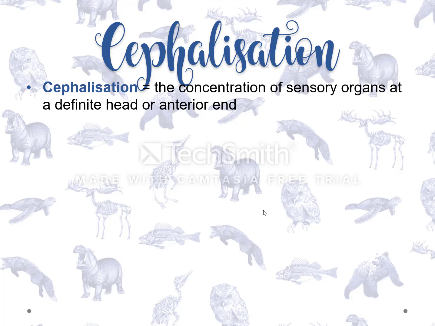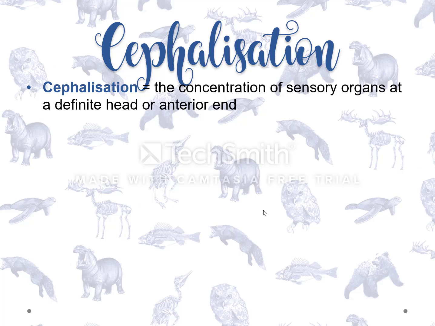So if you think of humans, we are cephalized organisms because our sensory organs are all found within our head. And then you're going to tell me, but ma'am, touch is our fingers. But if we didn't have a brain to interpret what our fingers feel, then we wouldn't interpret touch.